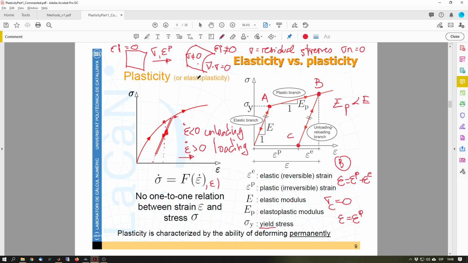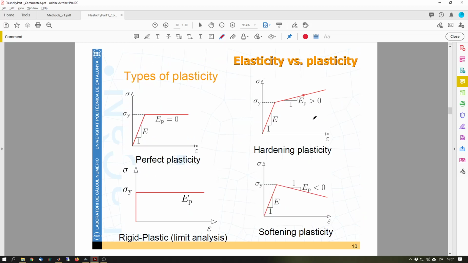So this is our simplified, going back to our 1D model. This is the model we want to build. It must be able to represent some different regimes, loading and unloading branches like those that we have here. So there's a different type of plasticity.